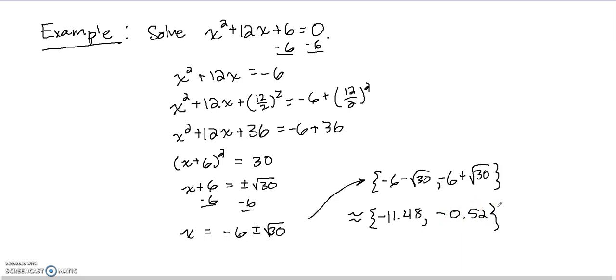So on the next video, what we'll do is we'll actually look at what the quadratic formula is, and we can write that down here. But basically, it's just plug and chug.